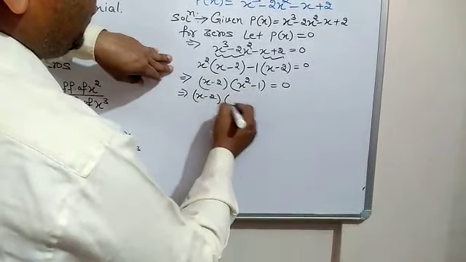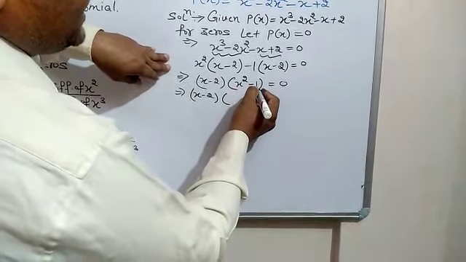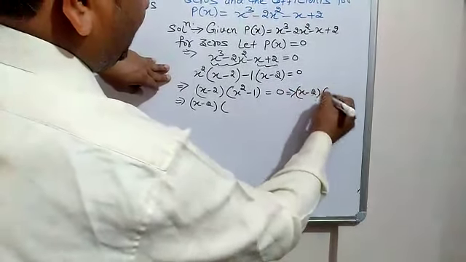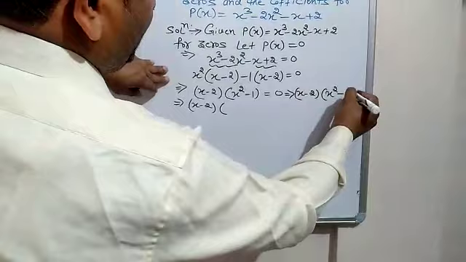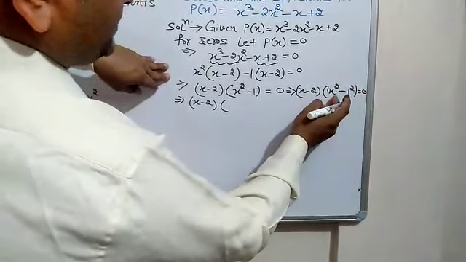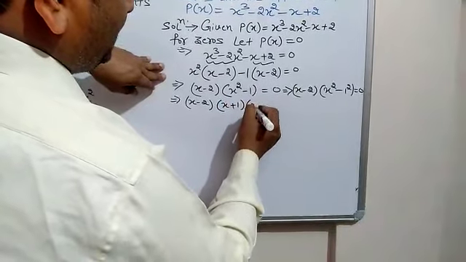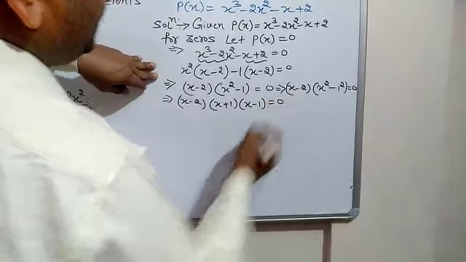See, this is a square minus b square, or otherwise you can write this as x minus 2 into x square minus 1 square is equal to 0. So here is a square minus b square, which is a plus b into a minus b, is equal to 0.